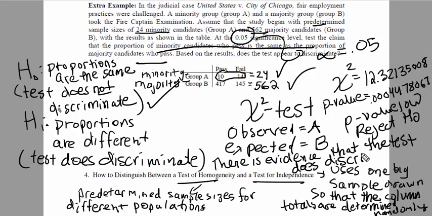And I could have told you that sort of by doing a visual test and saying that a much higher percentage of the majority candidates pass the test than the minority candidates. Even though the sample size is smaller, 10 out of 14 passing is a lot less than 417 out of 562 passing.